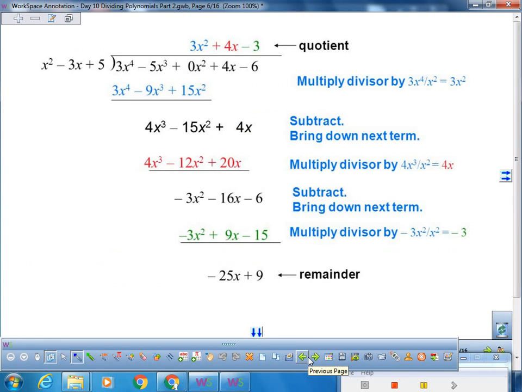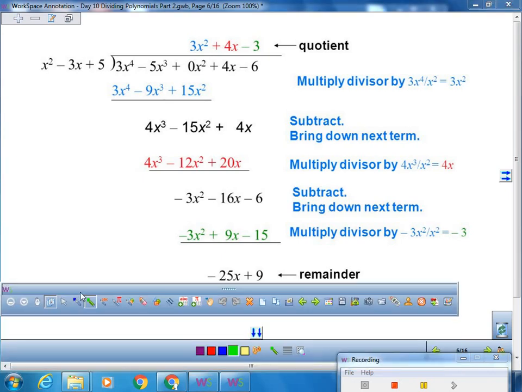So this is a problem that's been done for us, and it has a remainder of negative 25x plus 9. So I can say that this whole, let's see, I think I'll make it blue.